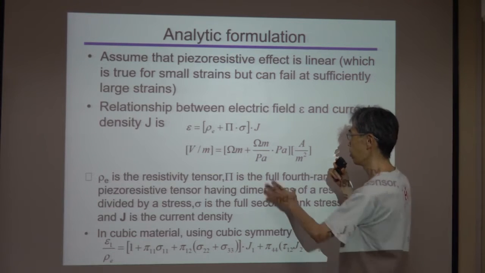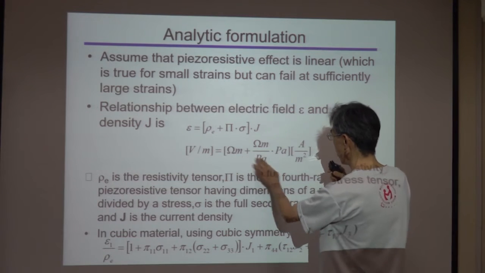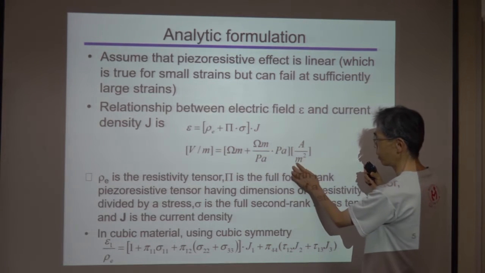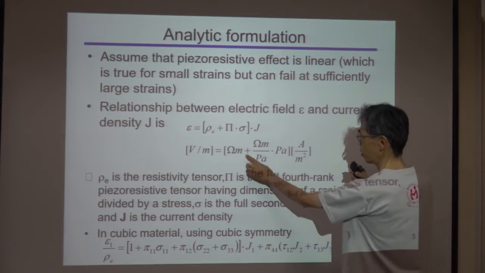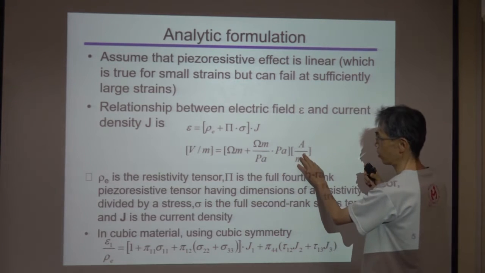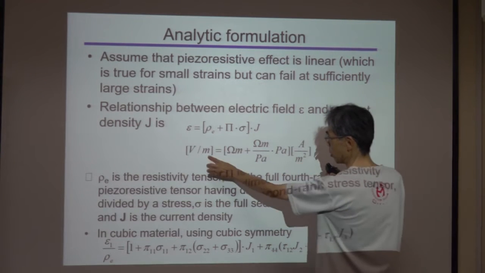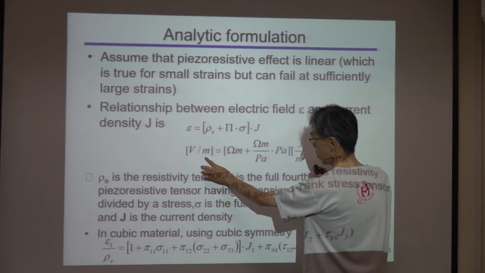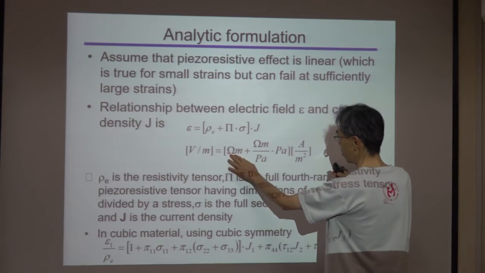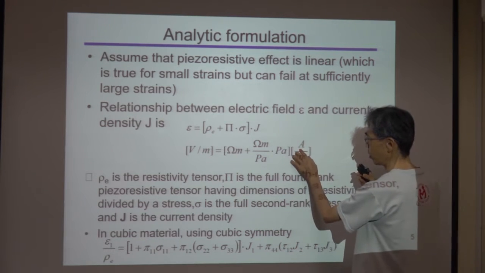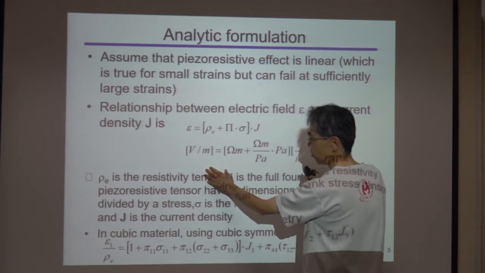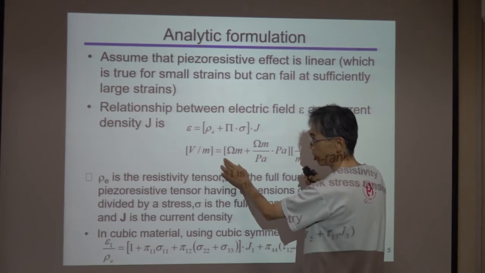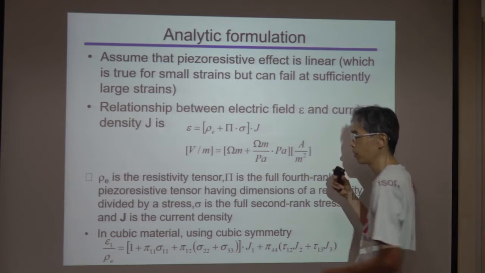Then if you go further, ohm meter multiplied by ampere divided by meter square. So meter cancels out. We are left with 1 meter in the denominator. And ohm multiplied by ampere equals volt. So the dimension has to be compatible.